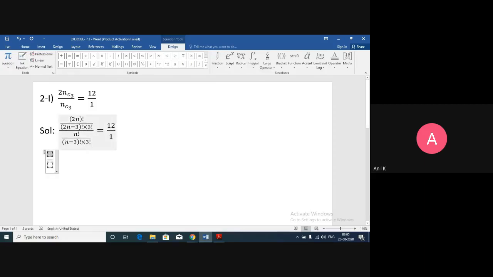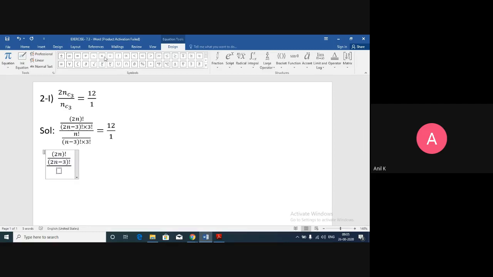Okay. Now here what we can do is this 3 factorial and here also 3 factorial, both will get cancelled. Now I'll keep this. Let me copy this one. So this 3 factorial I can remove from the denominator.